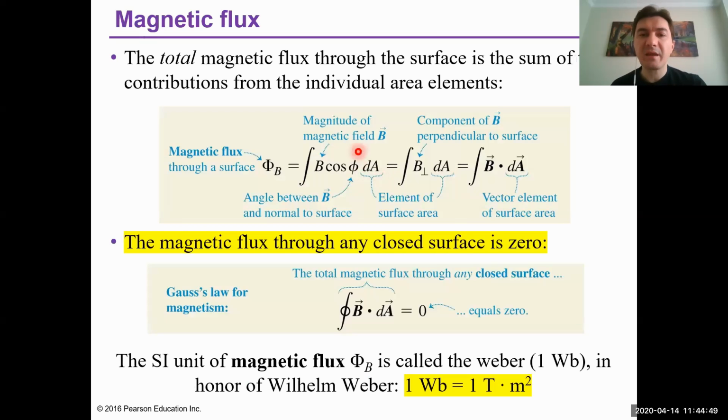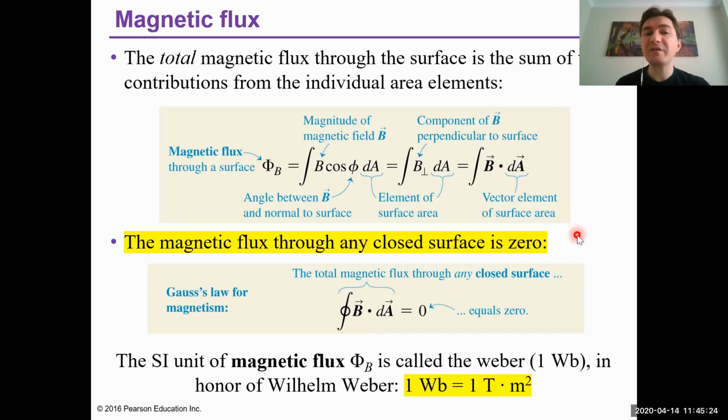Take this, the element of surface area dA, and integrate over the whole surface, and it gives us the magnetic flux through a surface. You can also write B cosine phi, B perpendicular, the component of B perpendicular to the surface, or you can write it as a scalar product, B dot dA, where dA is the vector element of surface area.